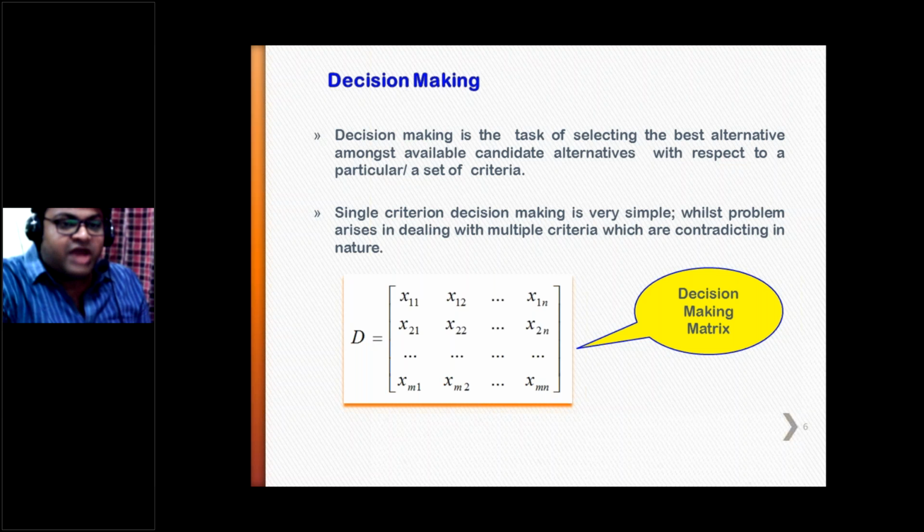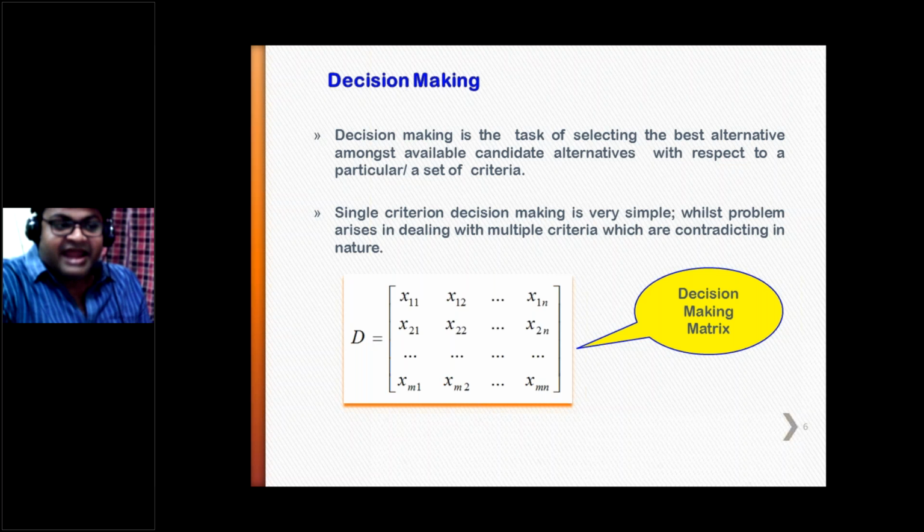How to decide, how to solve a multi-attribute decision making problem, that we shall discuss. Now, this figure shows an example of a decision making matrix in which each row represents criteria values of a particular alternative and each column represents alternative values corresponding to a particular criterion. If you follow the nomenclature x11, x12, x1n, the first one means alternative 1, and the second one 1, 2 up to n means n different criteria c1, c2 up to cn.